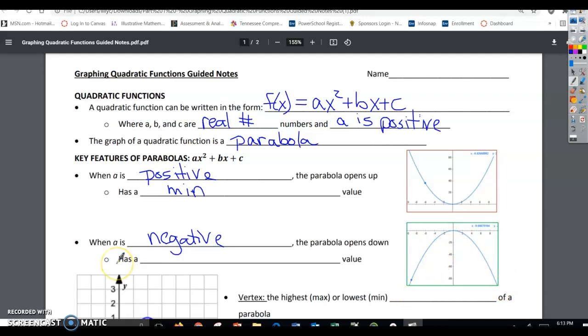And it has a maximum value. All right, so the maximum would be at the top, the vertex, and here it would be the minimum here. All right, we are going to scroll on down. Make sure you pause this and get these because I have to clear them to move down each time.